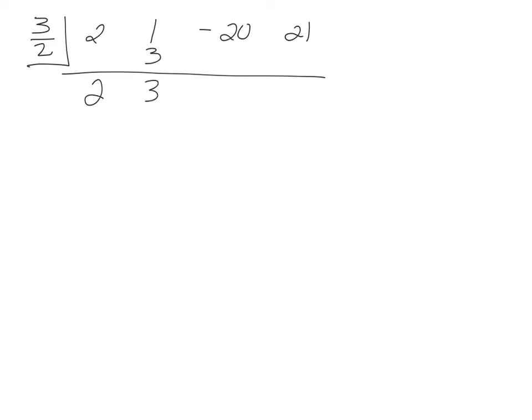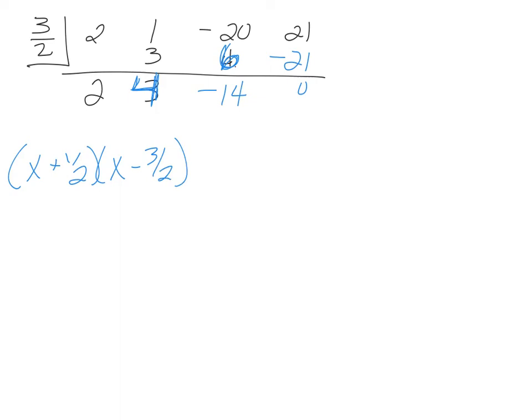I've got 3, add. 4 times 1.5 or 3/2 is 6. Add. Oh, thank goodness. So I have x plus 1/2, x minus 3/2, and then 2x squared plus 4x minus 14.